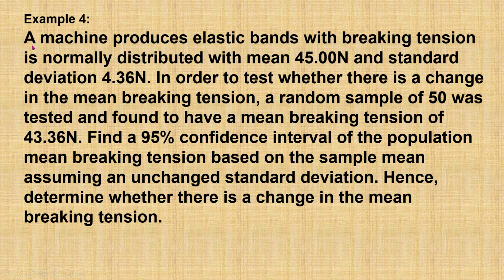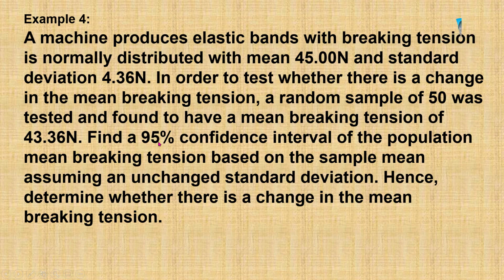Next example. A machine produces elastic bands with breaking tension normally distributed with mean 45 Newton and standard deviation 4.36 Newton. In order to test whether there is a change in the mean breaking tension, a random sample of 50 was tested and found to have a mean breaking tension of 43.36 Newton.